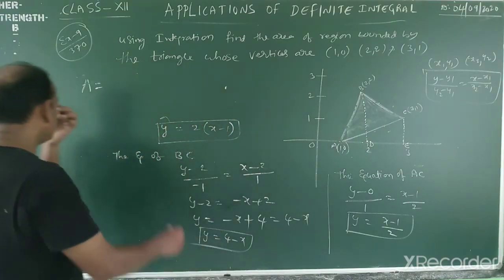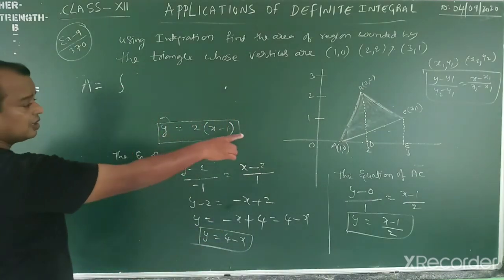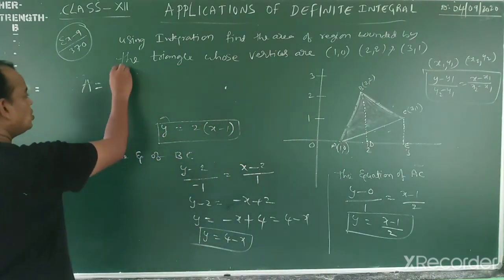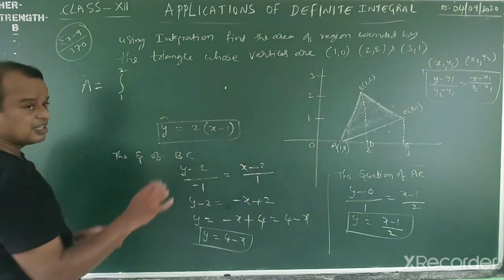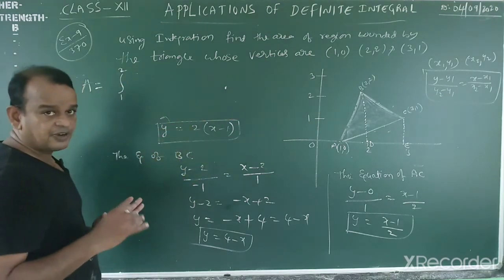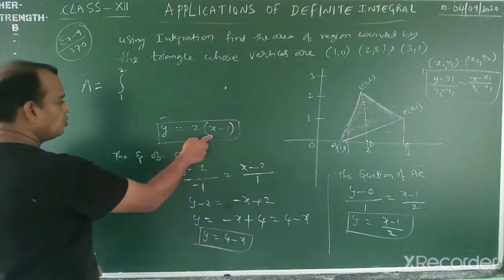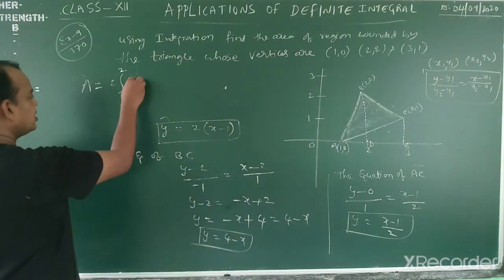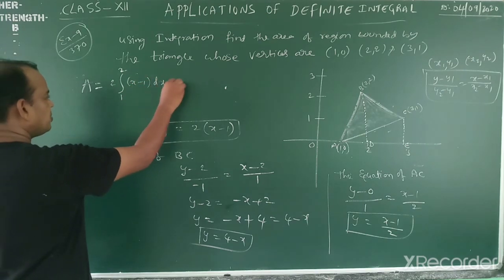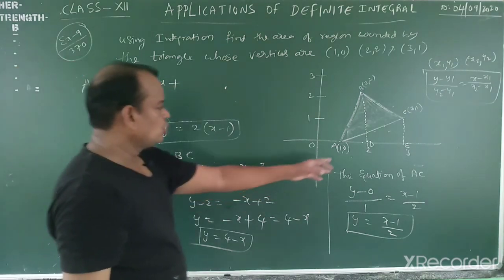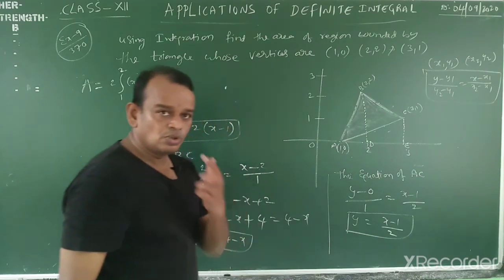Now, area is equal to the integral from 1 to 2 of the equation of AB. In that one, you will write the y value only. Whenever we take the x axis, we need y in terms of x. What is the y value? 2 into x minus 1, dx. It is over. Plus again 2 to 3.